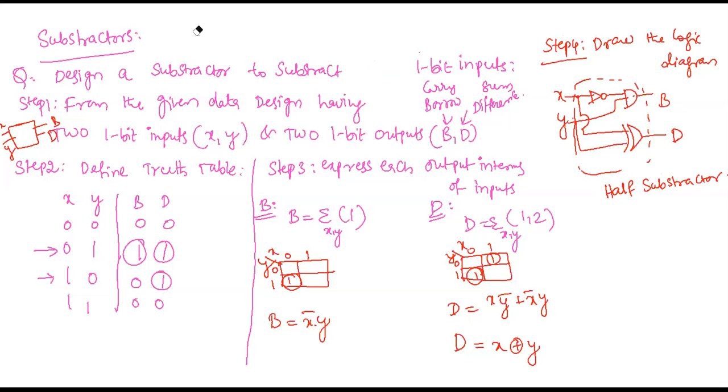Next question: design a 3 1-bit input subtractor. From the given data, it has inputs X, Y, Z, and two 1-bit outputs, borrow and difference.